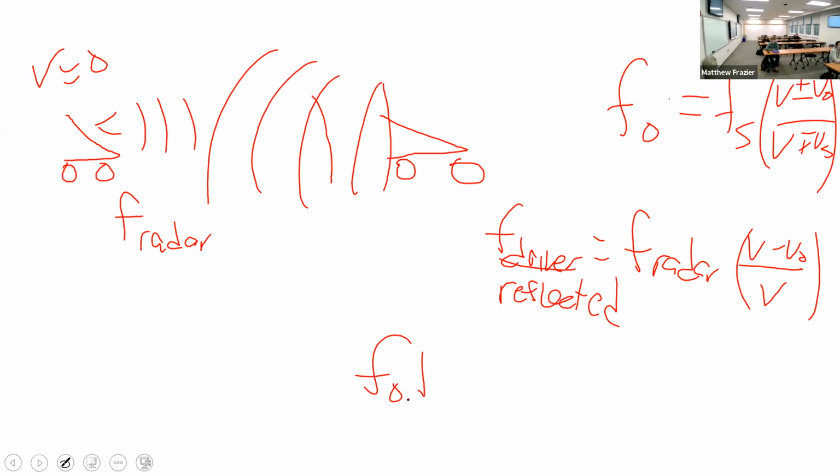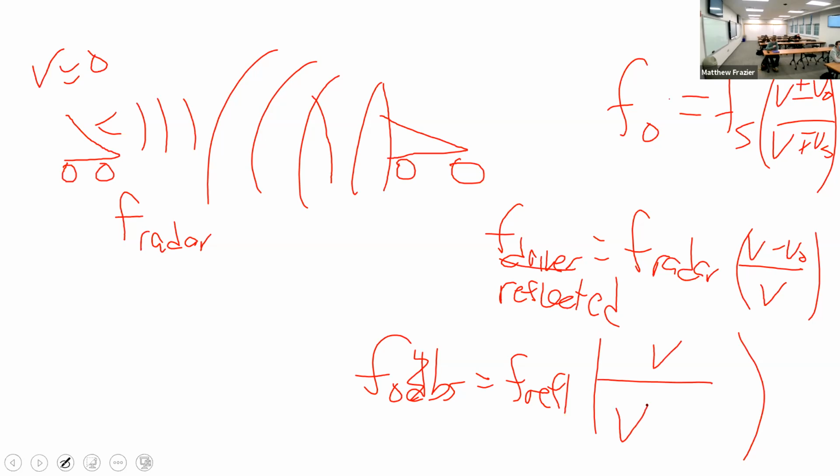So the observed is the reflected frequency times, then we have this stuff in the parentheses. You're still moving away, but now you're the source and the cop is the observer. So the observer is not moving, so we have V, and the source is now V moving away, which is plus your speed.